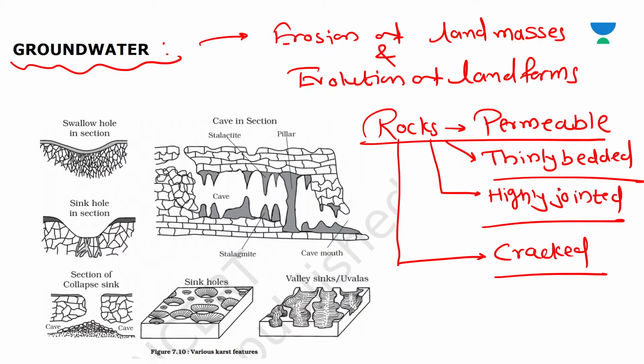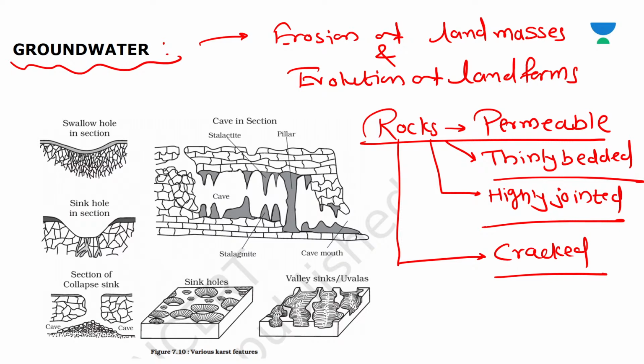These two processes of solution and precipitation are active in limestones or dolomites, which occur either exclusively or interbedded with other rocks.